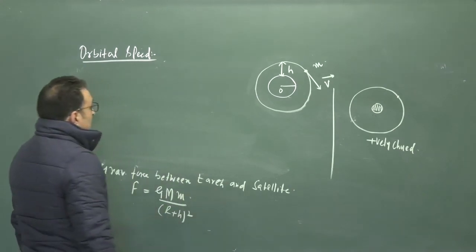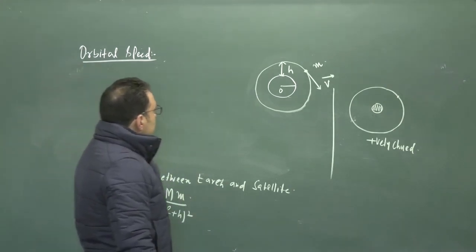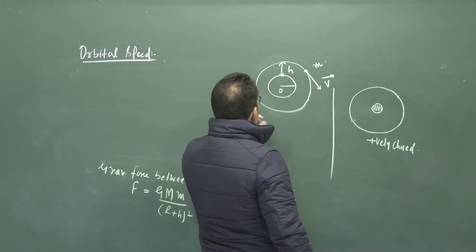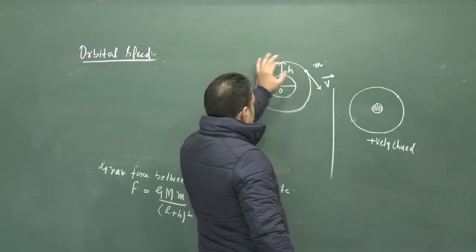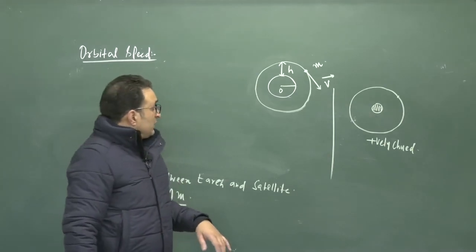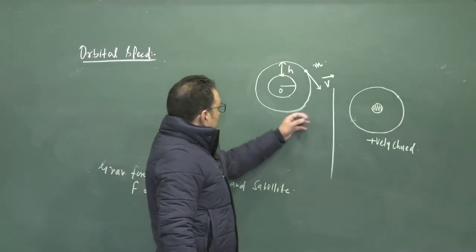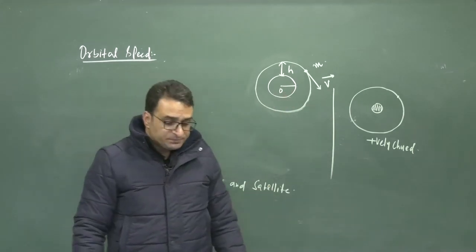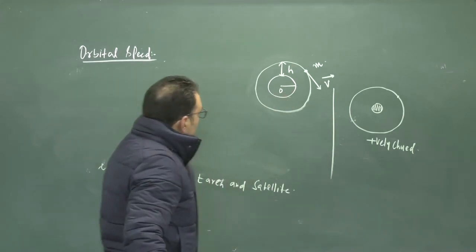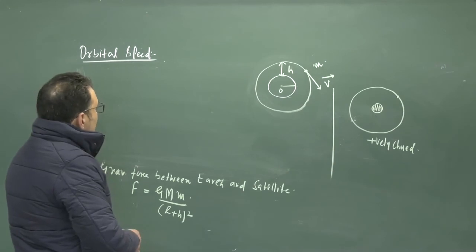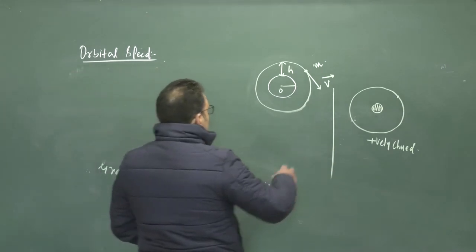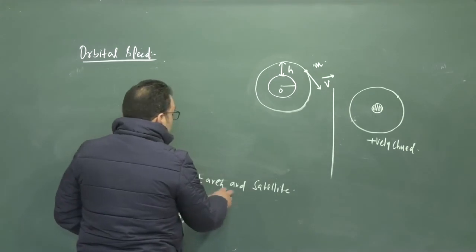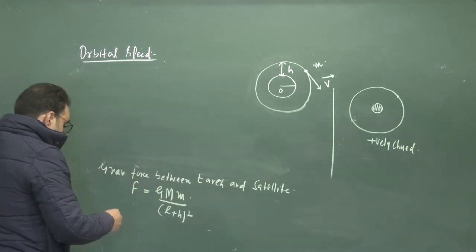Similarly, in case of the Earth satellite system, this satellite is revolving around the Earth in its own orbit, and the centripetal force is provided by the gravitational force between the Earth and the satellite.